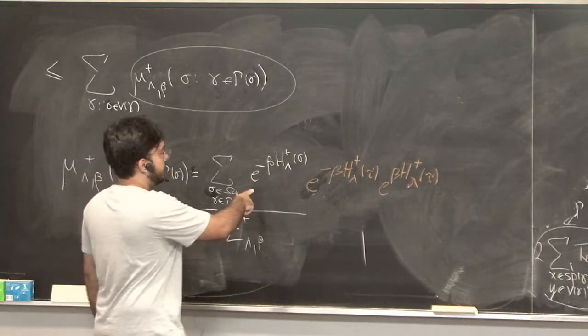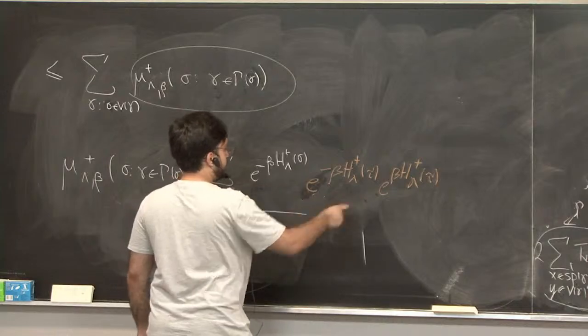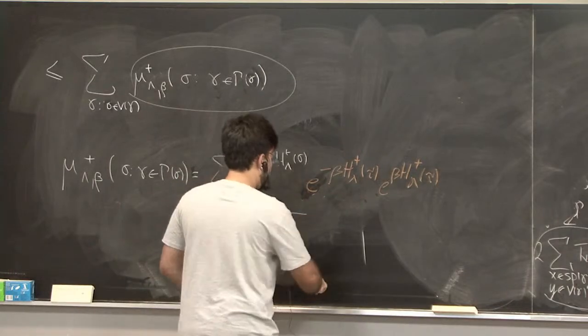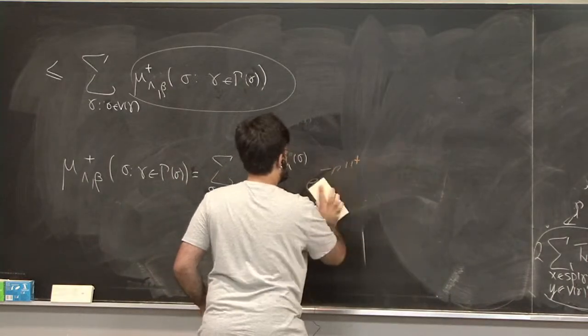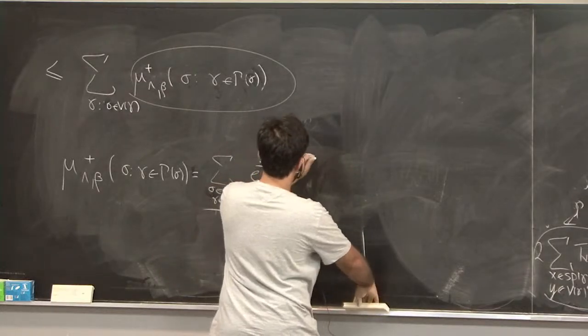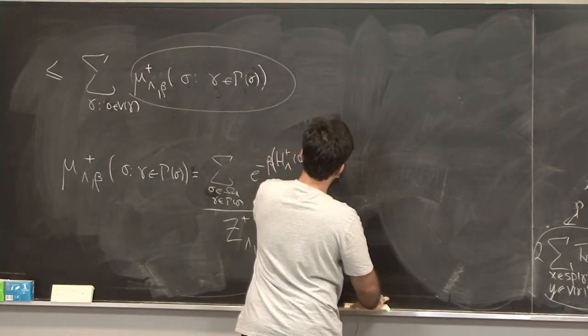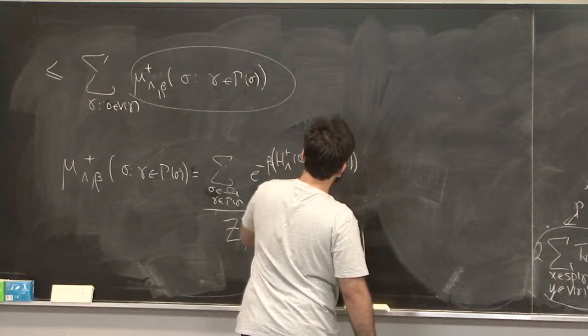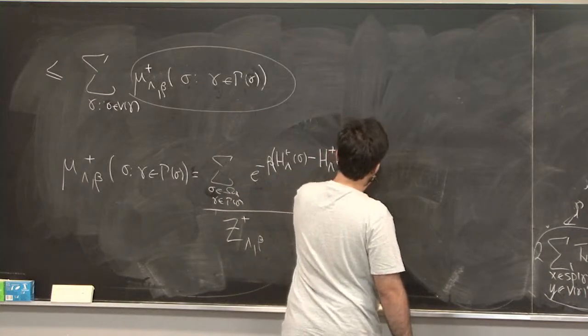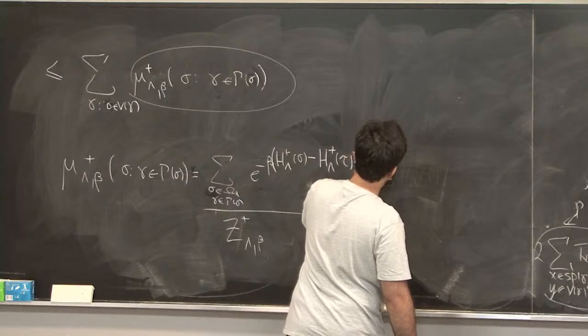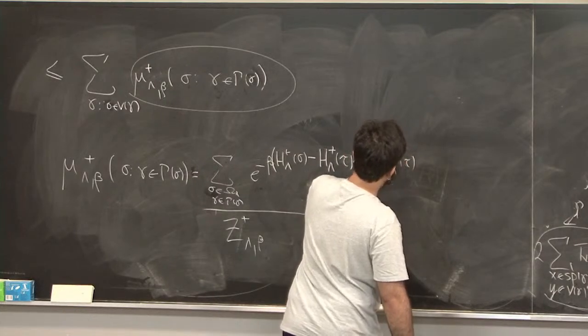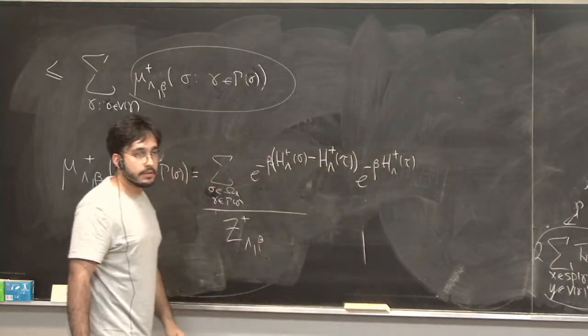So then, by picking these two terms right here, I have exponential of minus beta, the difference that we just analyzed, exponential of minus beta H of tau. Okay?